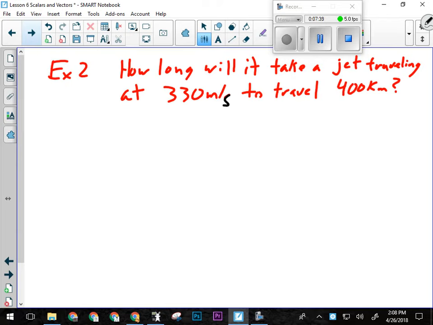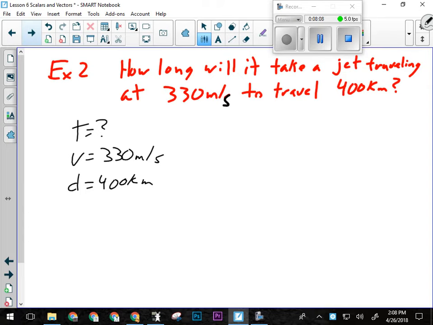Okay, for this one, it's asking how long something will take. So what am I looking for in this one? Time. Like I always do, guys, with a new formula, I'm going to show you all the manipulations here. We're moving at 330 meters per second, so that's a speed, and we're traveling 400 kilometers. That's a distance because again, no directions were given.